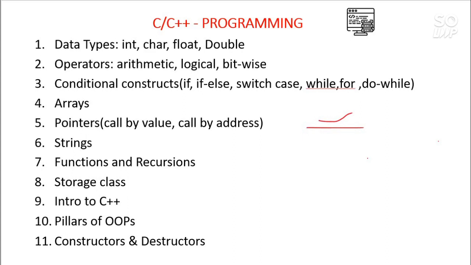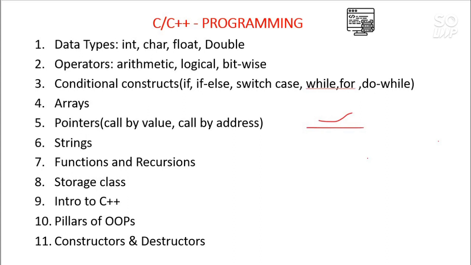Like those call by value and call by address, in which the call by value calls the variables, and the call by address means that it calls the address of another variable, like the pointers which can be used as the data type, which can be used as the variables. So these pointers will carry the value of those certain variables, like if a is equal to 10, it can be called as a function by another variable with the same data type, as a local variable.